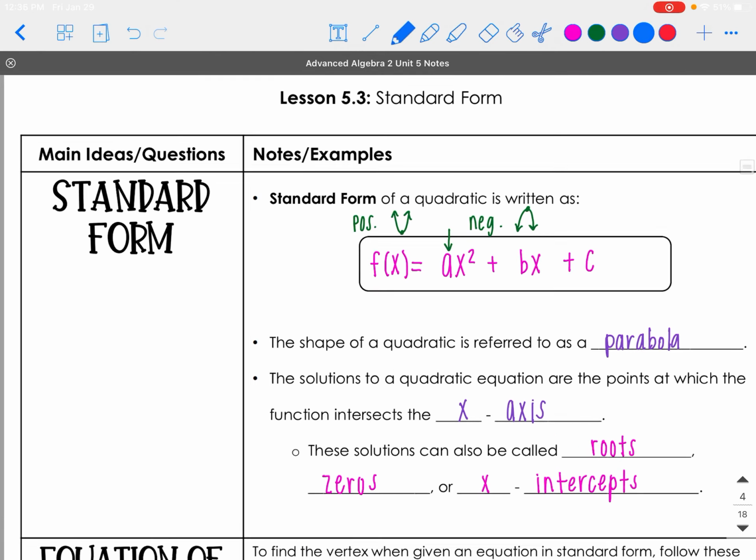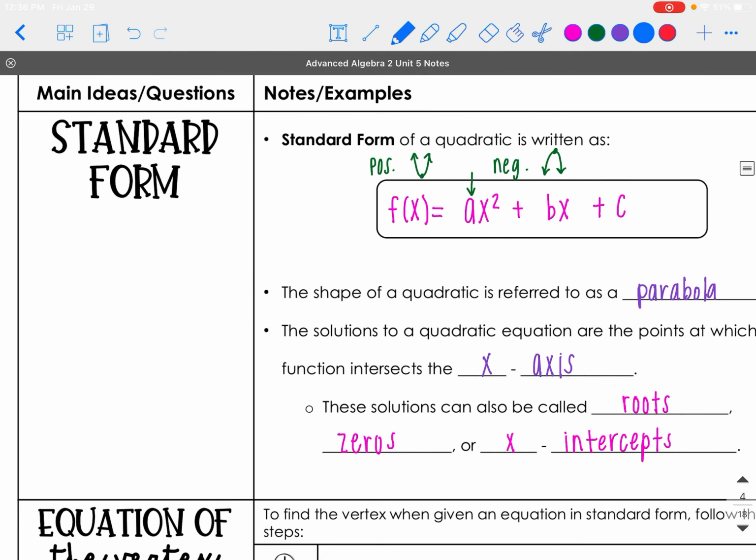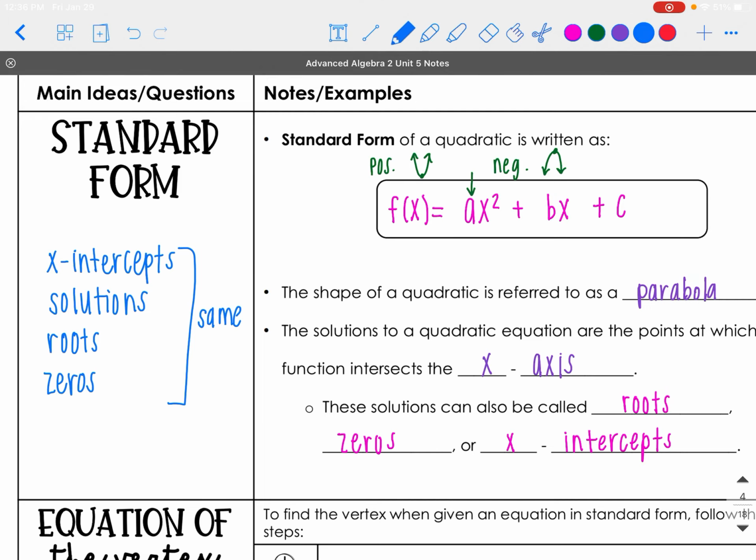All of those mean the same thing. If you want to rewrite all of that over here, because we will be referring back to those a lot: x-intercepts and solutions are the most common, but also roots or zeros. They all mean the same thing. I will probably interchange how I talk about them.